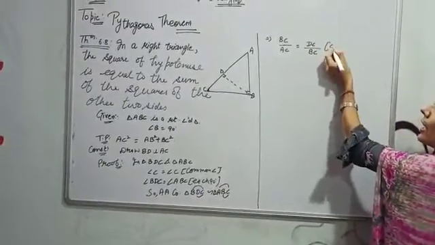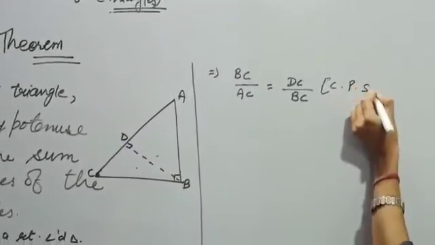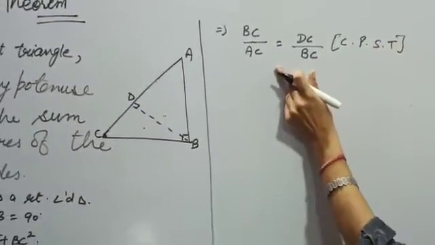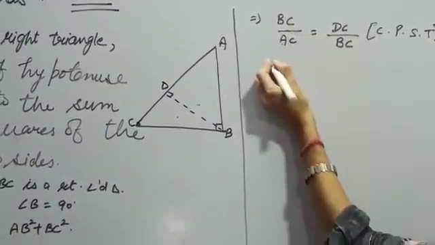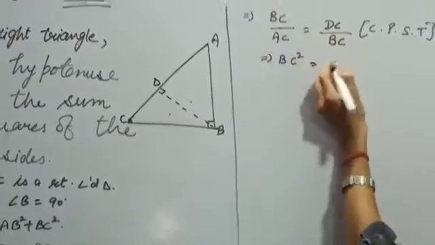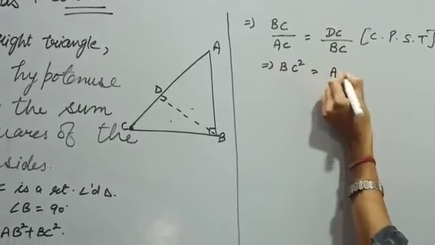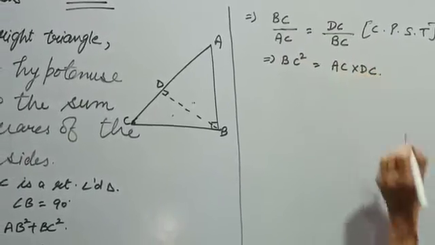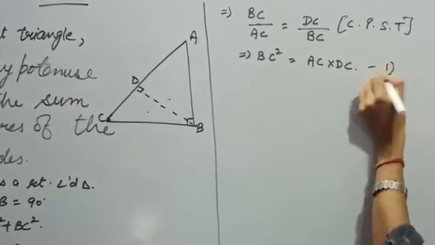The reason is corresponding parts of similar triangles. These are equal to each other. By cross multiplying, BC multiplied by BC, that is BC square, is equal to AC multiplied by DC. Okay, so this is the first part.